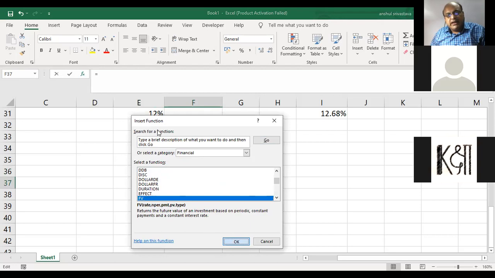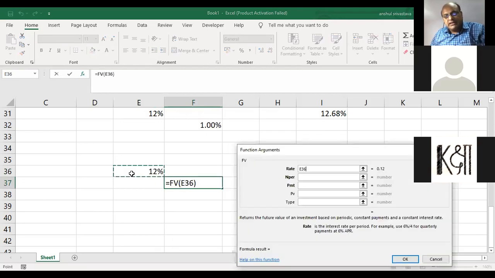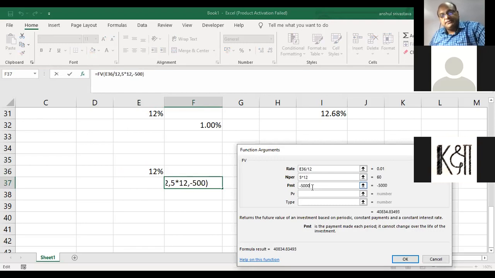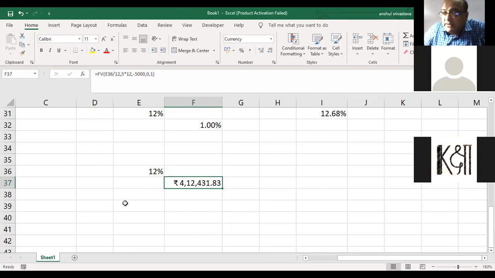Let's see. FV is equal to, rate is 12%, if I simply divide 12% by 12, number of periods is 5 into 12, PMT is minus 5,000, PV is 0 and type is 1, because I am investing immediately. So I will have 4,12,431.